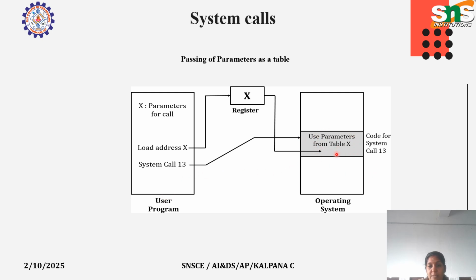Here the code for system call 13 will be executing, using the parameters from table X. The parameters are stored there, so that address will be passed to your system call. Then the corresponding system call, whether it is read or write or whatever it may be, will be executed in the operating system. This is one example of passing a parameter as a table.